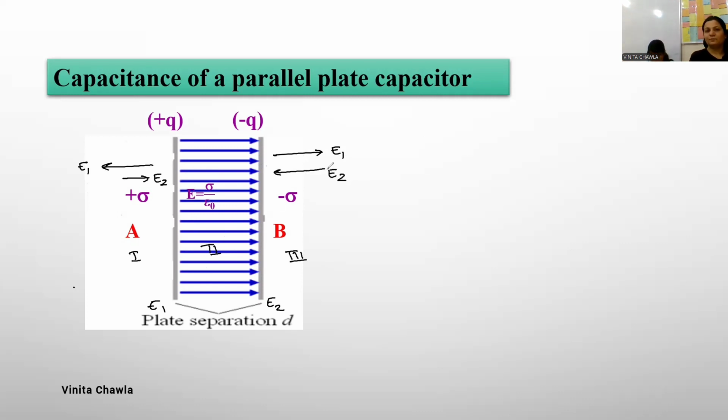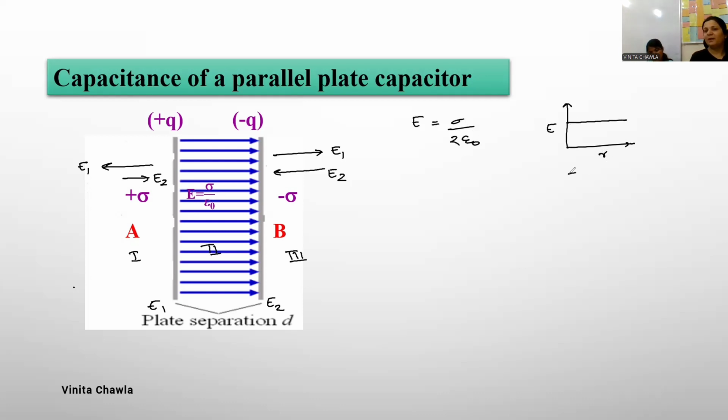We know that the electric field intensity E is sigma upon 2 epsilon naught. So this electric field intensity does not depend upon the distance. When we draw a graph of E versus r, we get a line parallel to the r axis.